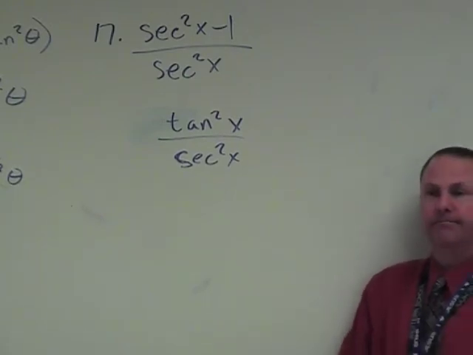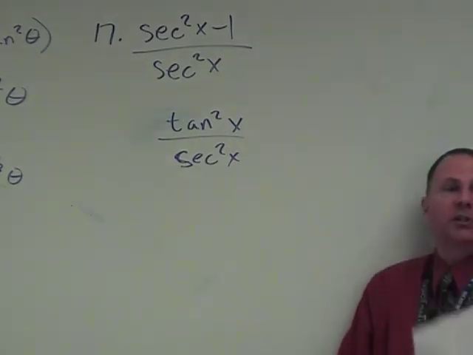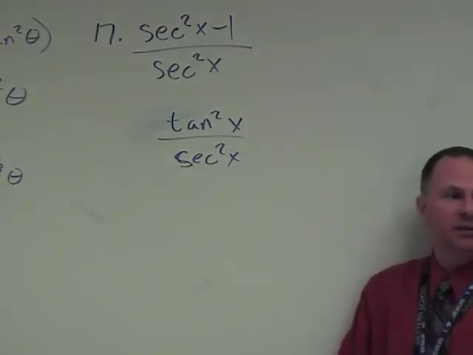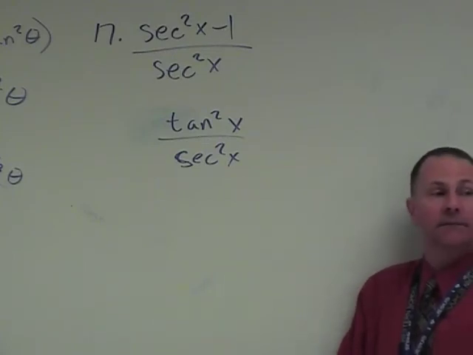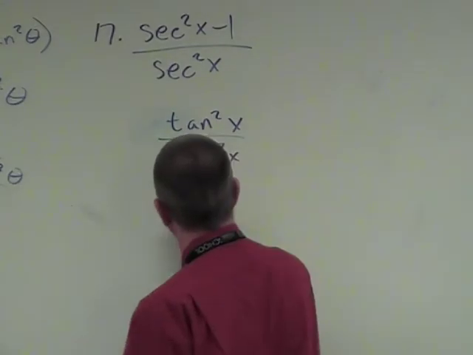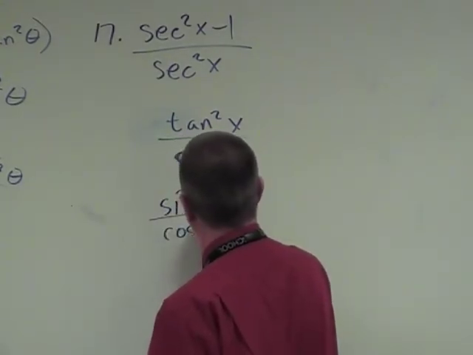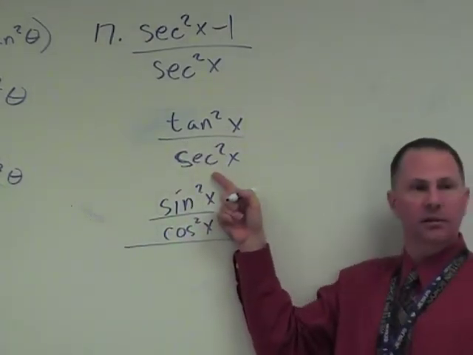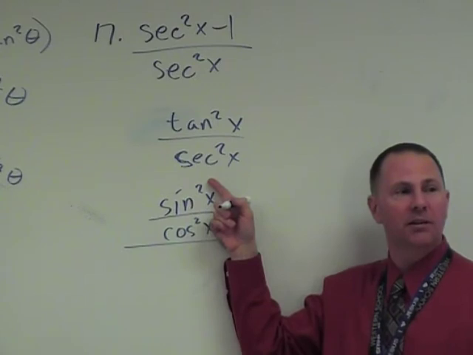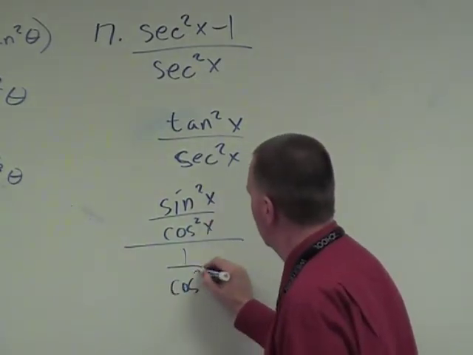What do you think? Can we change them into sine and cosine at this point? You could mess with tangents. Okay, so let's say that's sine squared of x over the cosine squared of x all over, well, Tyler, secant squared of x is the same as what? Cosine. Yeah, 1 over cosine squared of x.